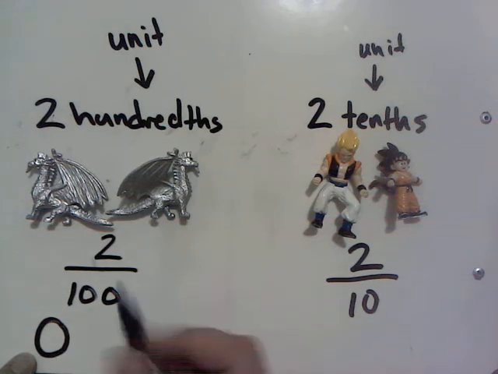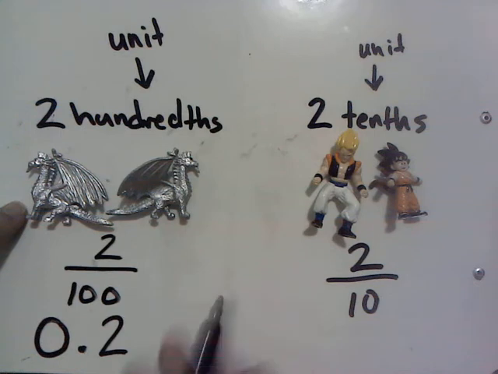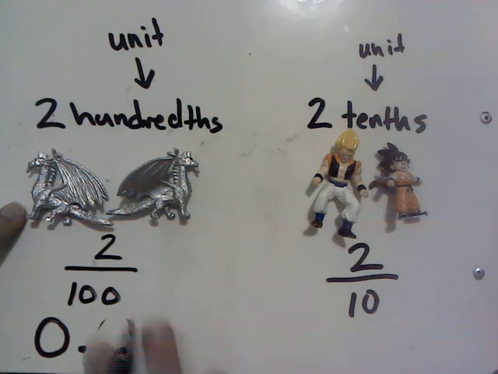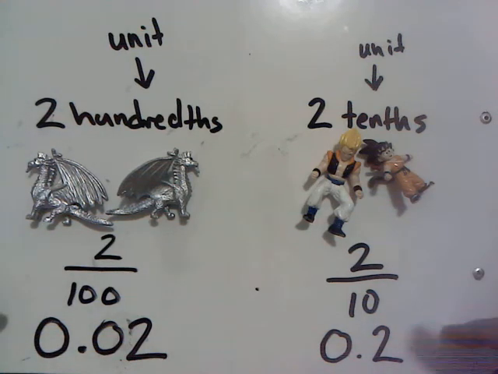So we're going to say this right here is 2 hundredths, and hang in there, we're going to show how I got that. And this right here is represented this way in decimal form, 2/10. So all of this means the same thing.